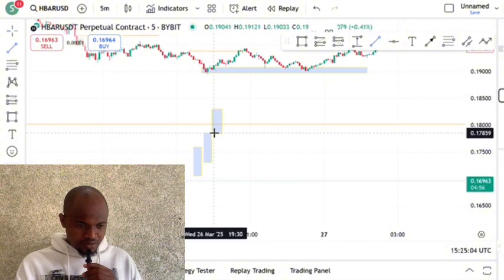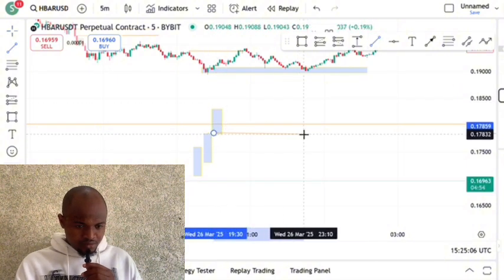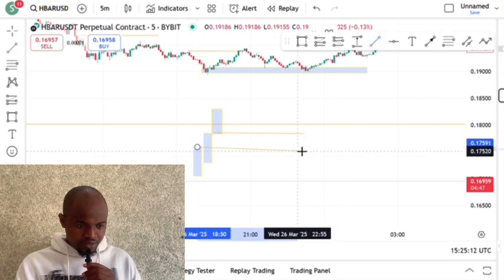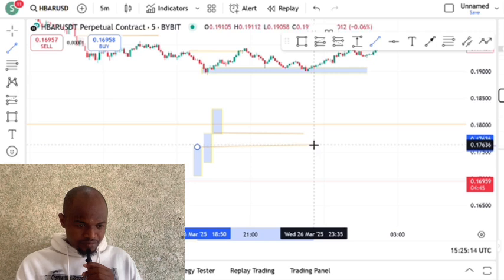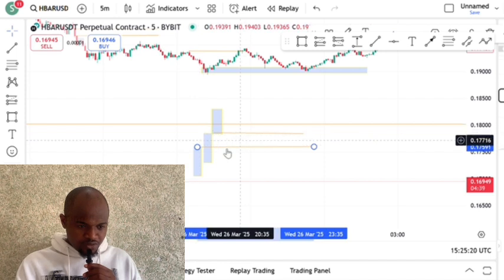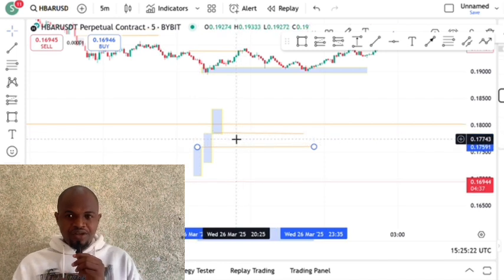Let's mark that out quickly. This is the base of the third candle, and then we'll mark out the tip or the head of the first candle. So when this happens, the distance between the two, this distance here, is your fair value gap.